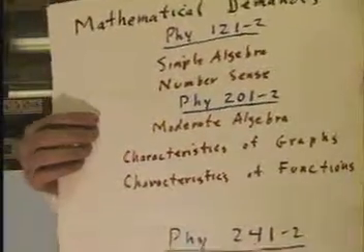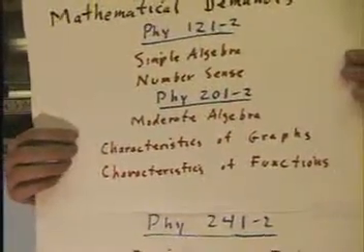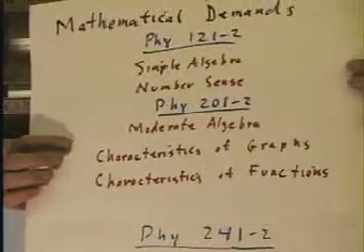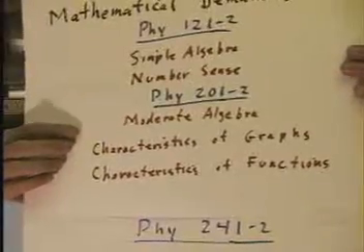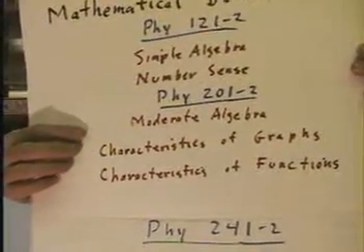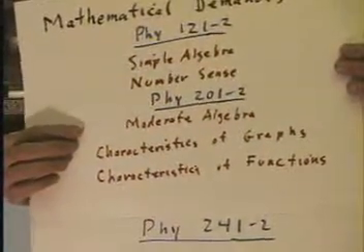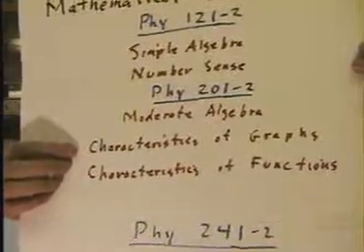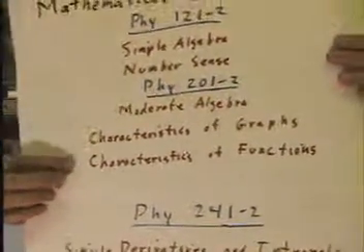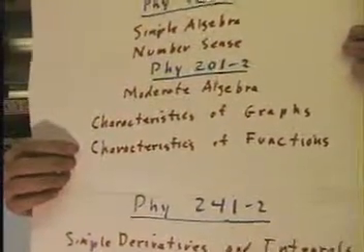Okay, Physics 201, where there's a prerequisite of pre-calculus, and actually I treat that as a co-requisite as long as you're taking the courses together. You should be okay. You should have moderately good algebra skills up to the level of Algebra 2. You should understand or be in the process of developing an understanding of the characteristics of graphs and the characteristics of various functions as you do in a pre-calculus course.